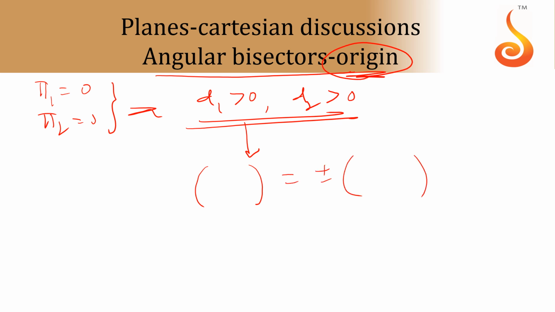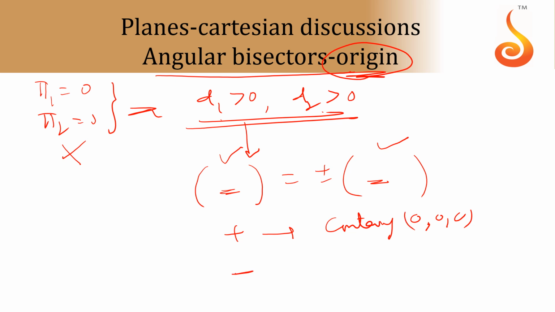The plane equations you use are not the old equations. If you take plus, that will be the angular bisector containing origin, and if you take minus, it will be the one not containing origin.